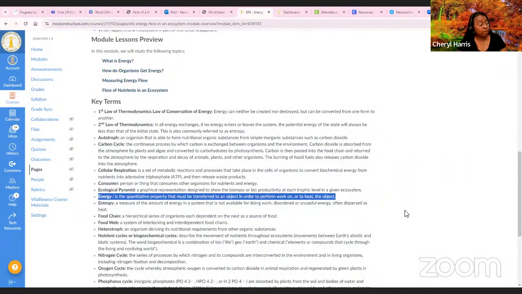Also, in the process of doing that, your body gives off heat. So, in a nutshell, that's what that definition is telling you, that it is a measurable amount. That's what they mean by quantitative property that can be transferred from one object to another object to perform work. All right, so that's what we're going to be looking at.